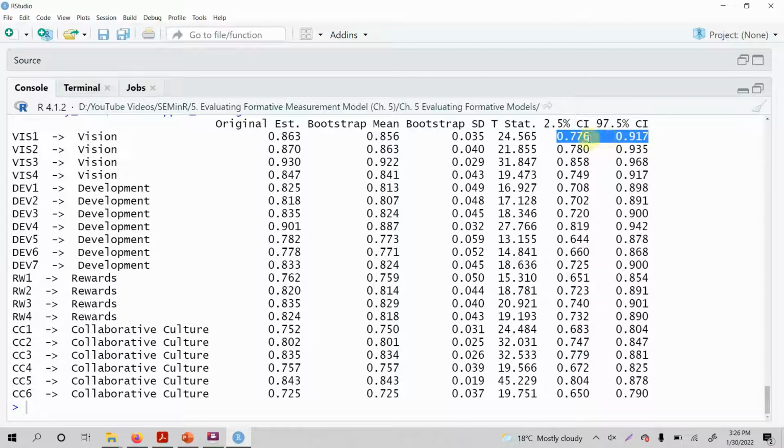Is it significant? Yes, it's significant. There is no 0 in between. So, although your absolute contribution is low, this indicator is significant. Now, you can retain the item because there is no 0 in between. Although the absolute importance is low, that is, let's consider this is 0.463, it is significant. So, you can retain the item.